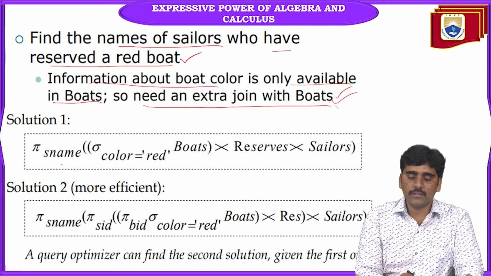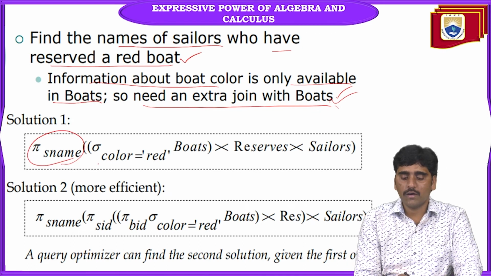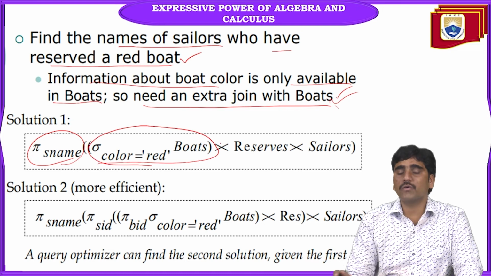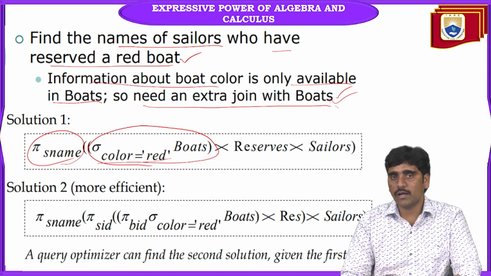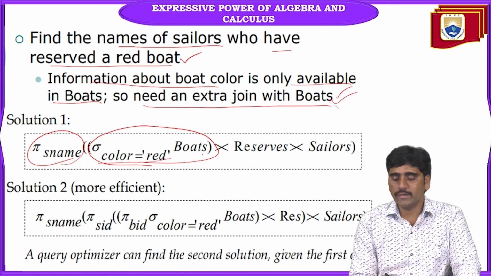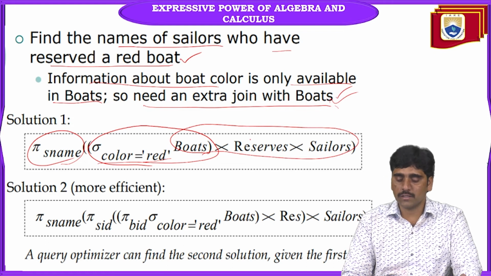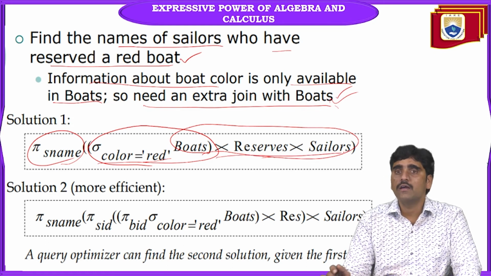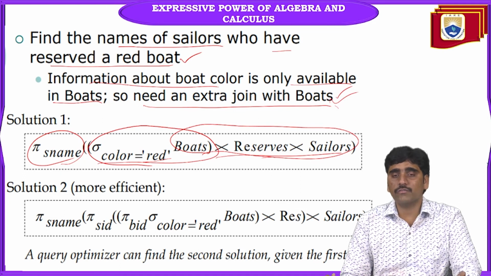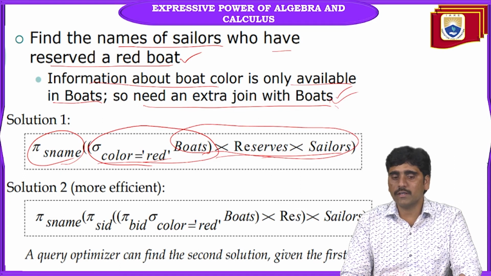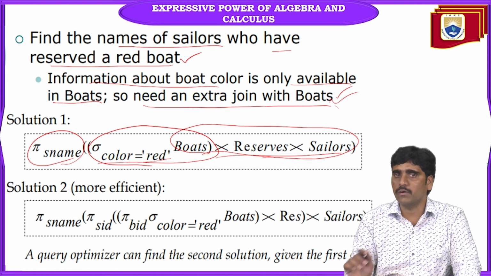So I need to display what? Names. On what condition am I going to display? Boats table. The boats table condition is what? Color red. So color red from the boats table, and it joins with both the reserves table and the sailors table. So you have to understand this query. First of all, we have to understand whether the query belongs to one table, two tables or three tables.